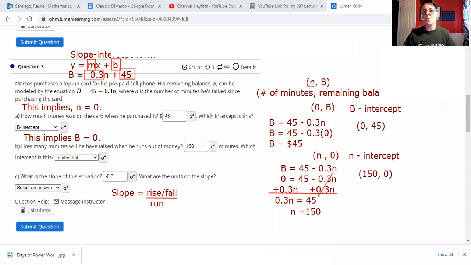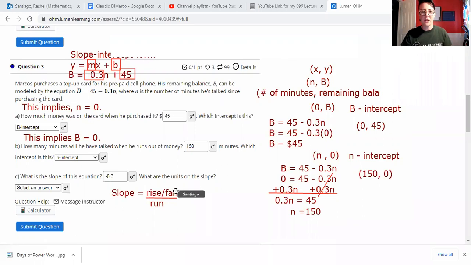If you look at your ordered pair here, and you think about that traditionally, our ordered pair would be x comma y, even though right now it's n comma b. So our change in y is actually the same as our change in b, the remaining balance, which is in dollars.